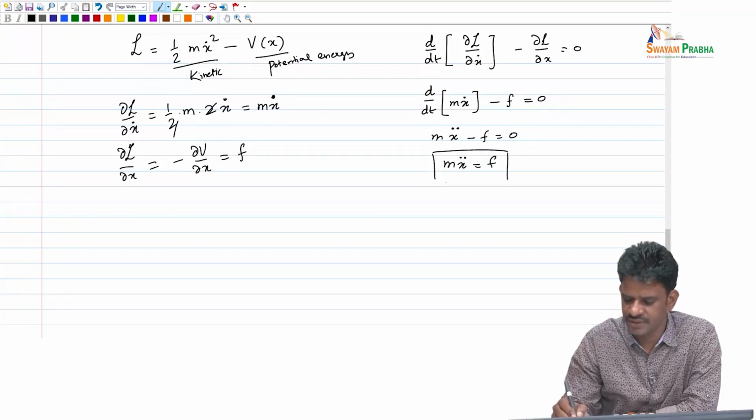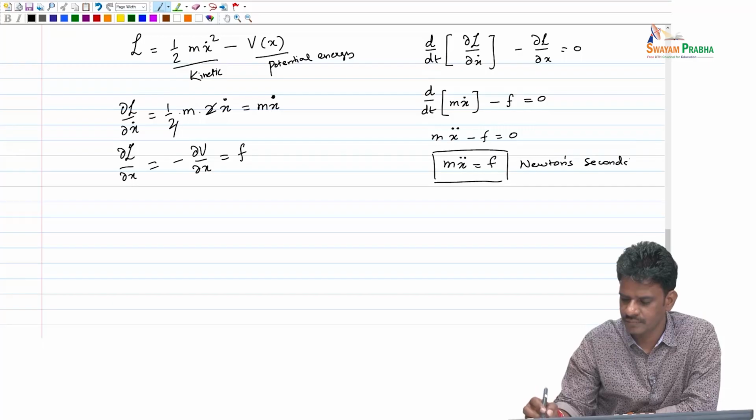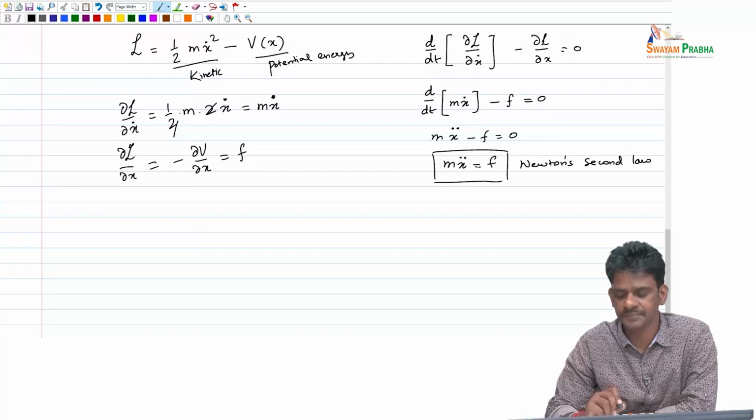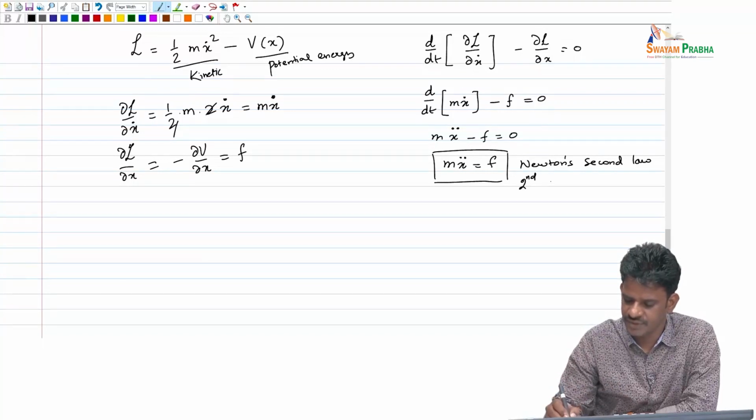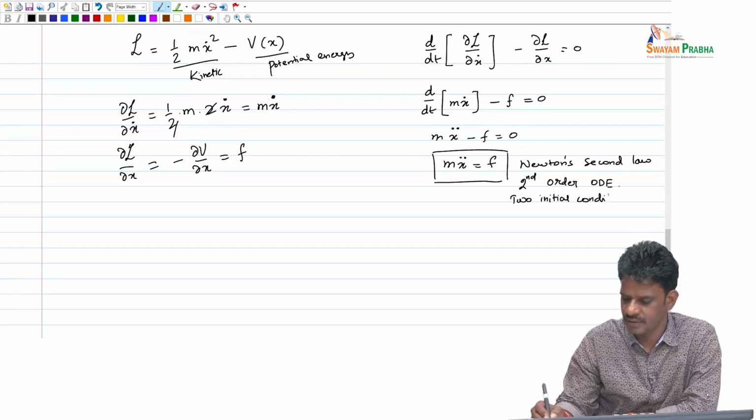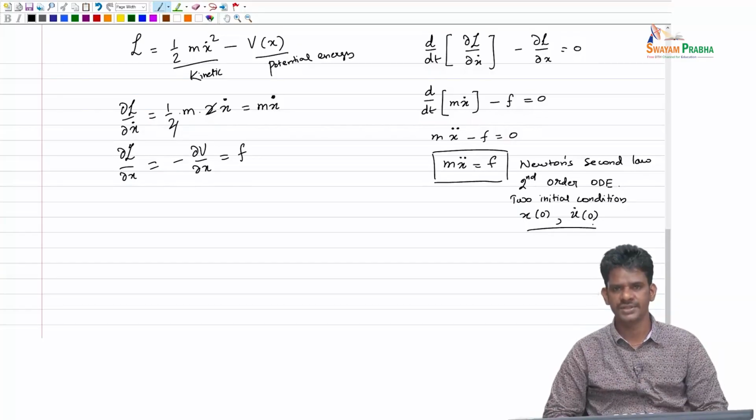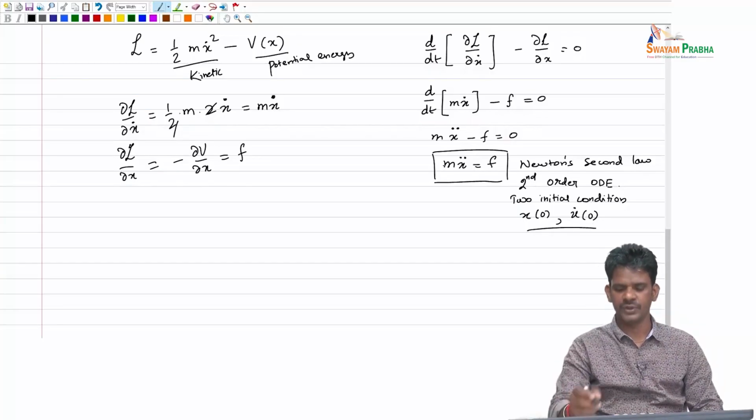This is basically Newton's second law, which relates mass times the acceleration to the force, and this is basically a second order ODE, and to solve this you need two initial conditions, namely x at time t equal to 0 and x dot at time t equal to 0. So, once we have these initial conditions of position and velocity, you will be able to solve this equation.